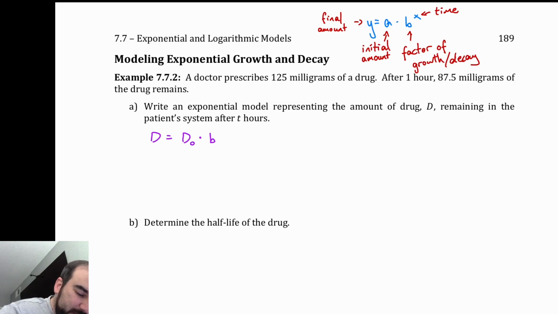And then instead of the exponent being x, I will put t because it's going to be time. Generally, you can leave it as y equals a b to the x, but it makes more sense to switch to the variables that they give you so that the amounts and the time are easier to input into your formula. Or if someone were to ask you to write an equation relating these variables, you're going to need to write your answer using these variables, so you may as well start with those variables to begin with.